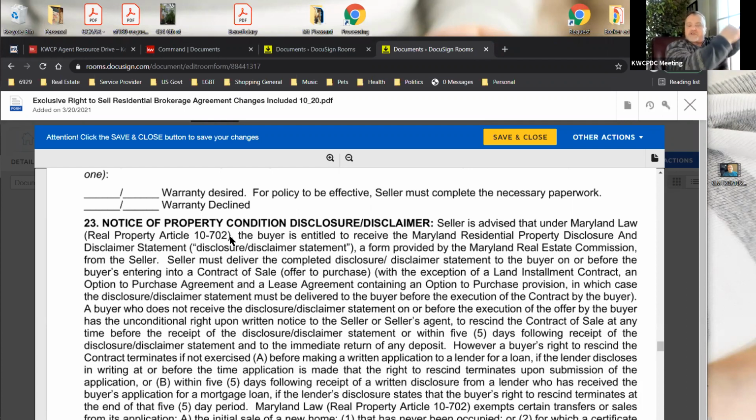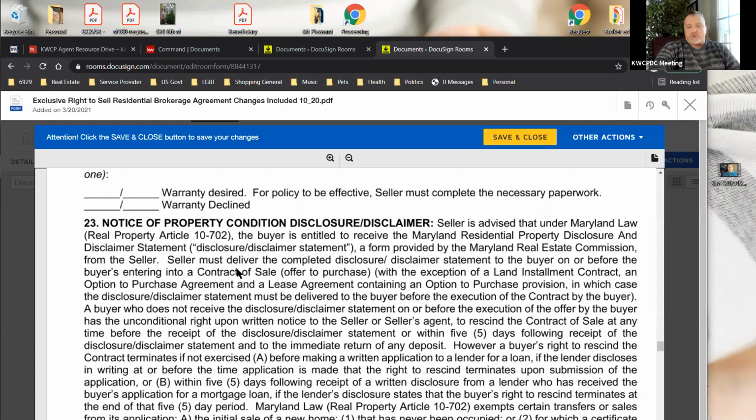You either disclose the seller's knowledge of defects or you disclaim the seller's knowledge of defects. It's not both. But you must include the entire document, and the seller will only sign one part or the other. The seller must deliver the completed disclosure or disclaimer statement to the buyer on or before the buyer's entering into the contract.